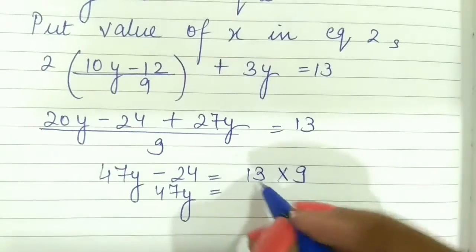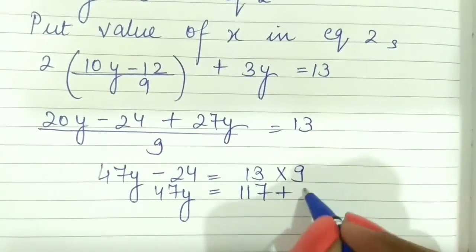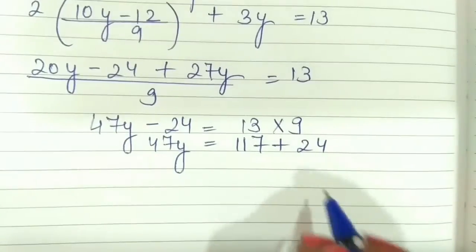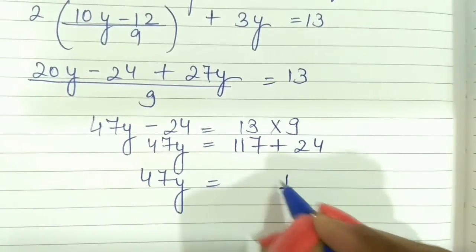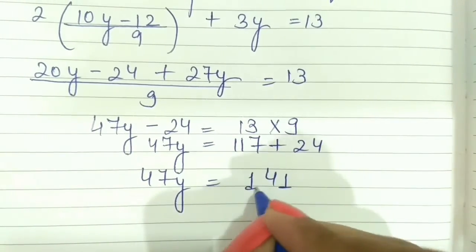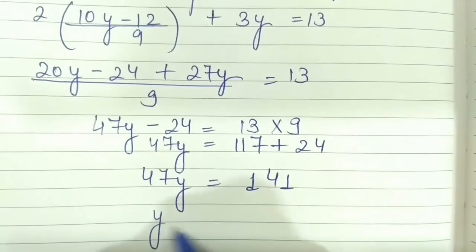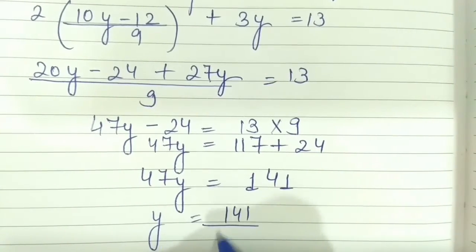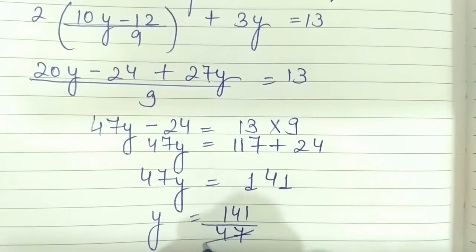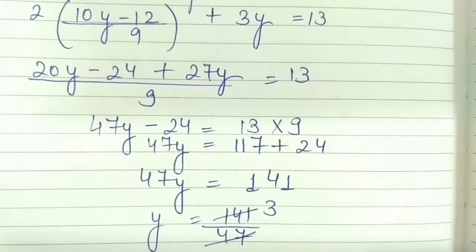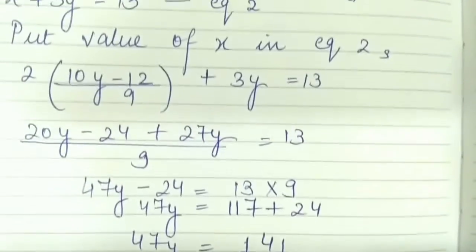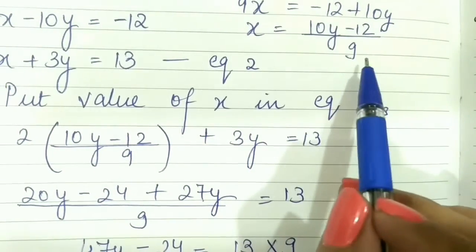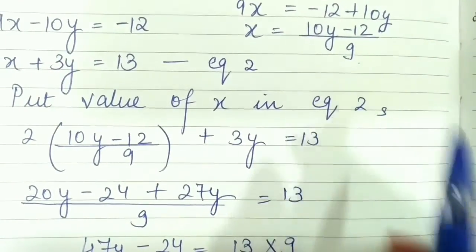47y will be 117 plus 24, or we can say 47y equals 141, and the value of y will be 141 upon 47, that is 3. So the value of y is 3. Now put this value of y in our above substituted value of x.